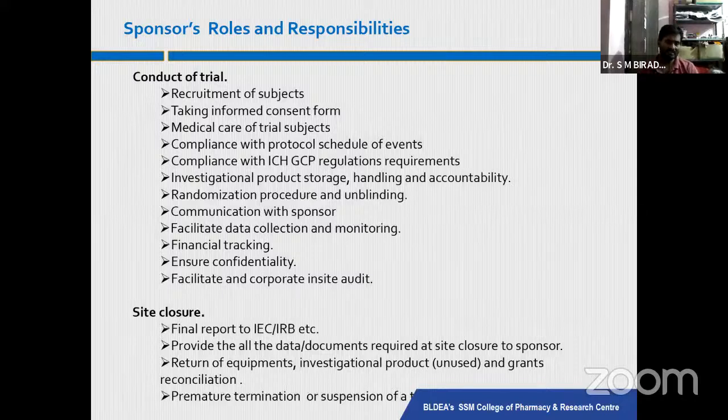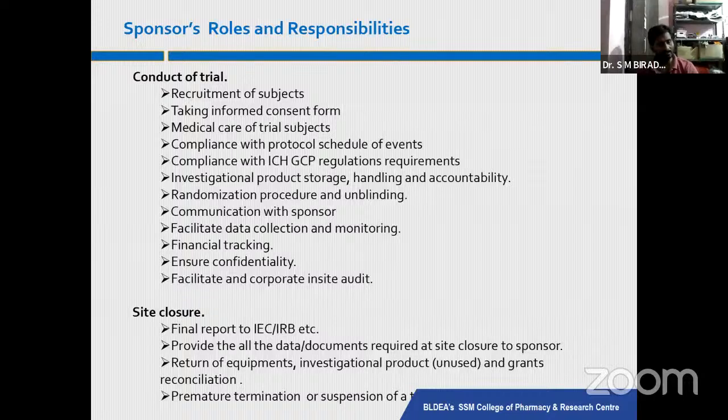So the same process once again, they may advise you, and you provide all the data and documentation required at site closure to the sponsors. If it is planned to close, all the data and documentation should be given to the sponsor in an ethical way, and all the equipment returned.